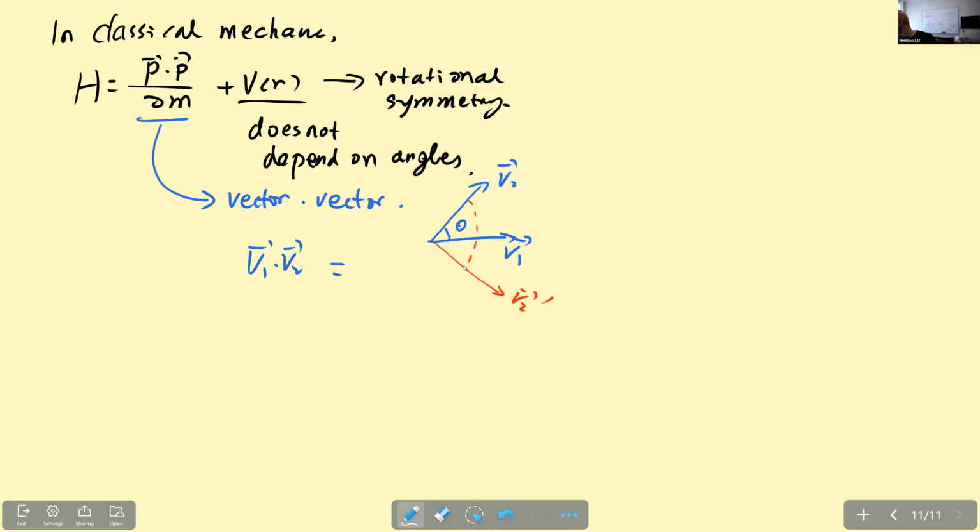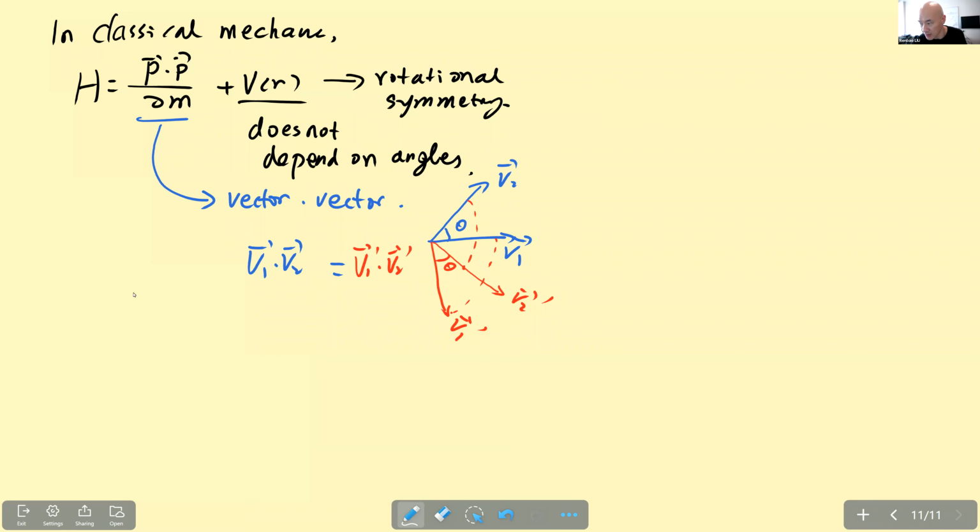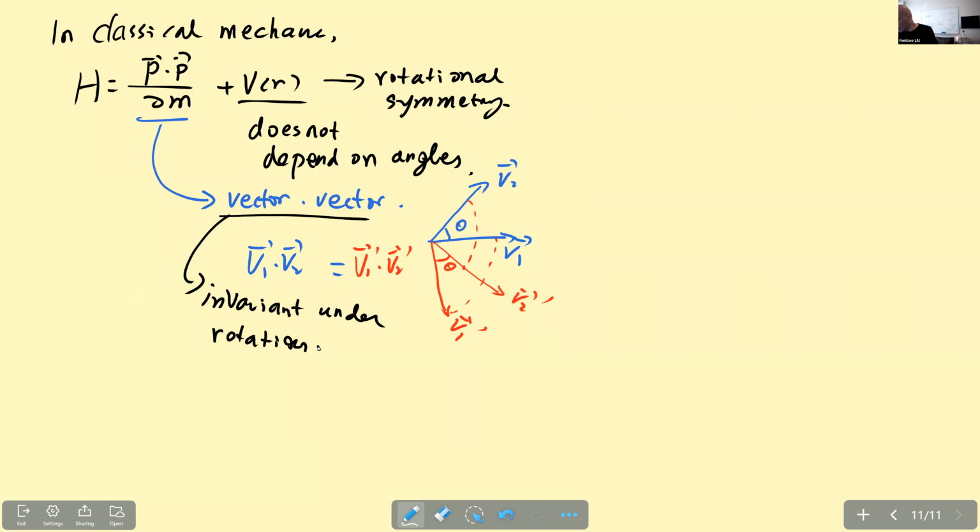You do the same rotation on this one, this is v1 prime, and this is still theta, right? So this equals v1 prime dot v2 prime. So the inner product is invariant under rotation. That's an important thing. So vector dot vector is invariant under rotation. In classical mechanics, it is obviously true that this Hamiltonian is invariant under rotation, so we have rotation symmetry.